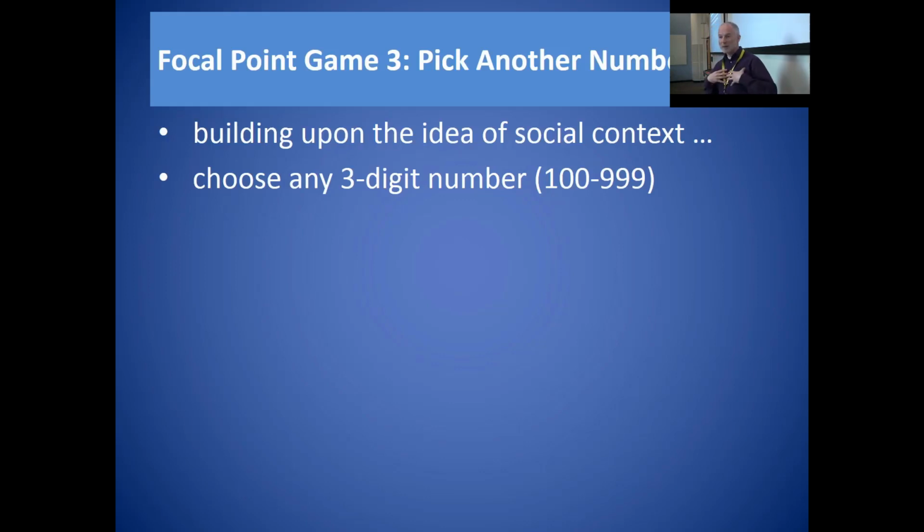Okay? If we pick the same number, we win. If we don't pick the same number, we don't win. As you can see, the Nash equilibrium will be where we pick the same number. You see, we all pick 100, 101, 102, 103. Those are Nash equilibria. Yeah?